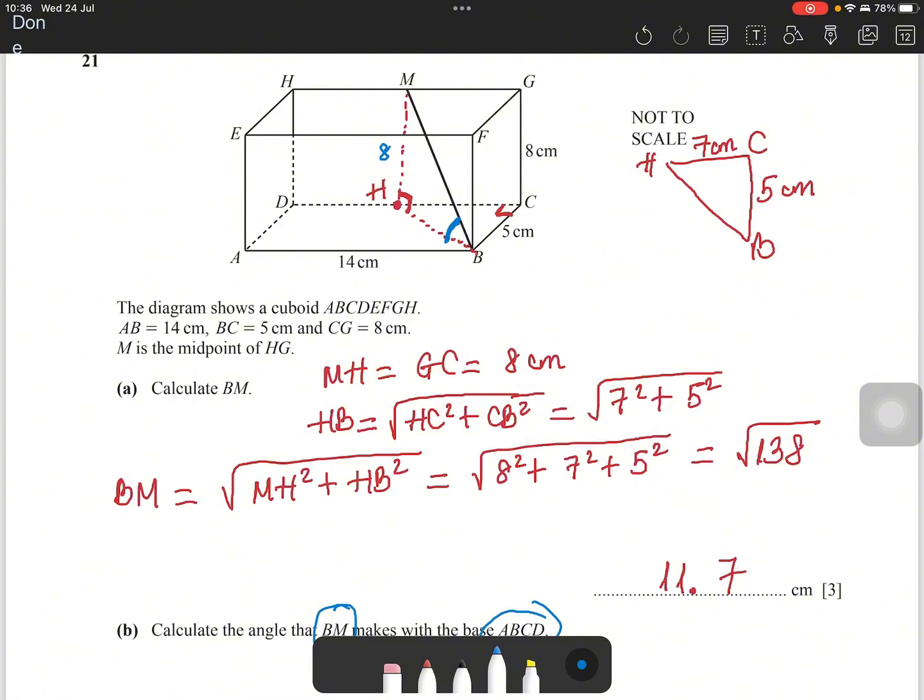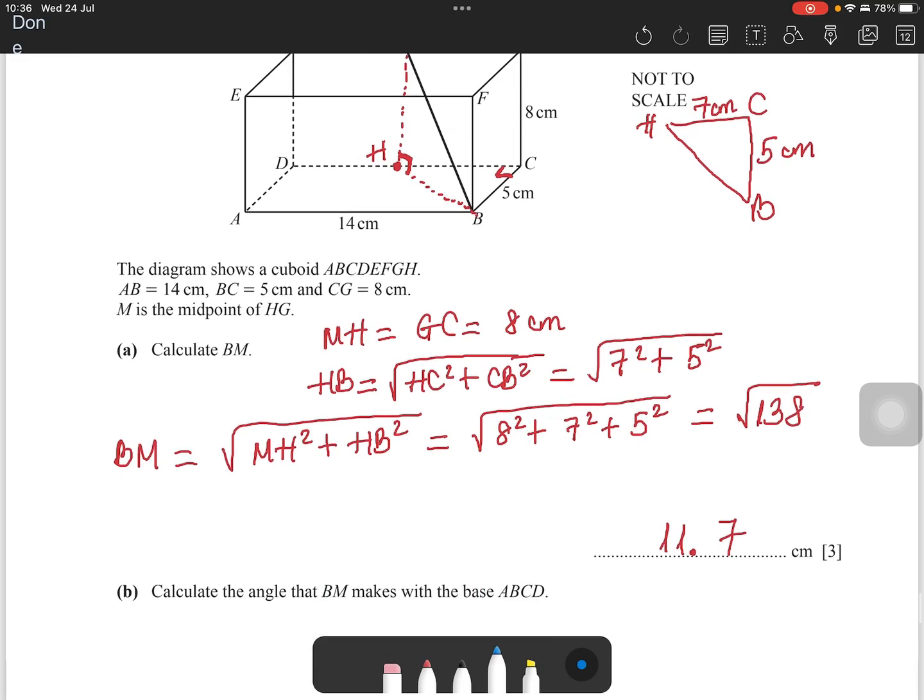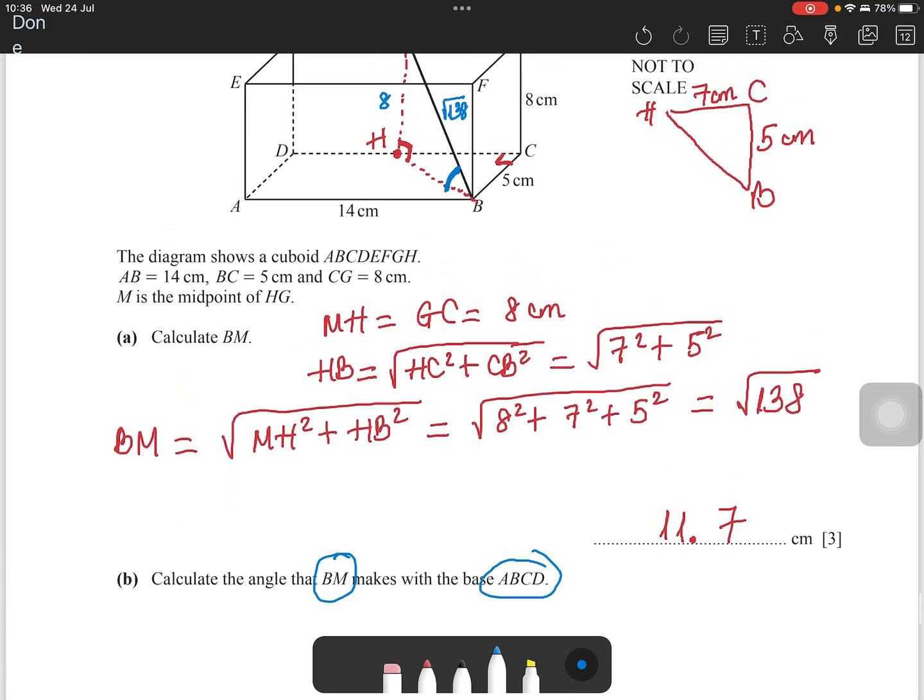Suppose that we use the fact that BM is the square root of 138 from question A. So in this case, I will use opposite and hypotenuse, which means we use the sin. Sin of the angle MBH is equal to opposite 8 over hypotenuse square root of 138.